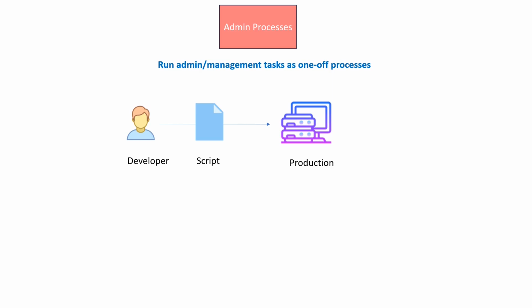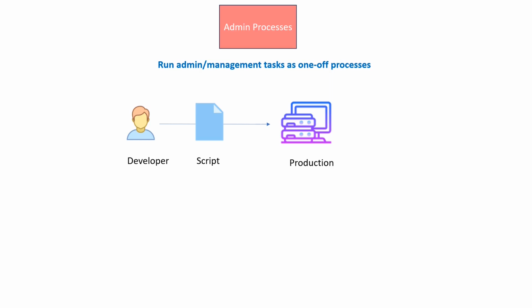Those should be run from an environment like production, not a dev environment, because whatever script or one-time process we have to run before the app starts up, we have to make sure it is in sync for all environments.